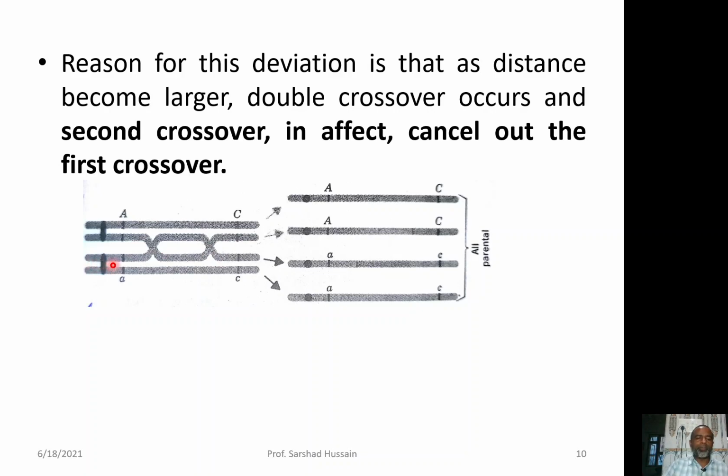As a result, though the crossing over has taken place, the result is nil, because it has again come down to its own side before going through the parallel position of the capital C. So even though two crossovers have taken place, in the offspring you will not find any recombinant, all are having the parental combination. In this respect you can say that the second crossover in effect cancels out the first crossover when the distance between two genes is more.